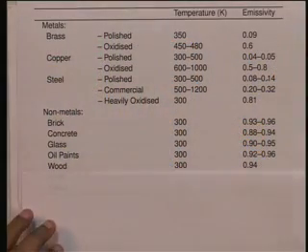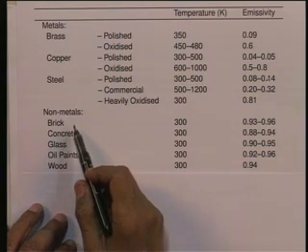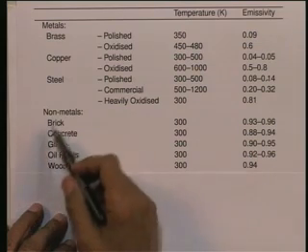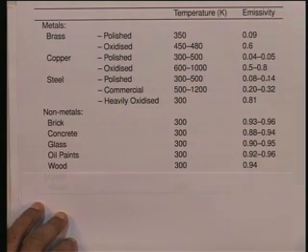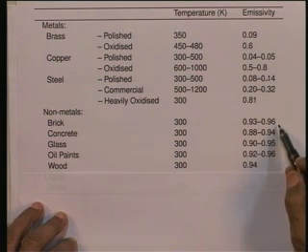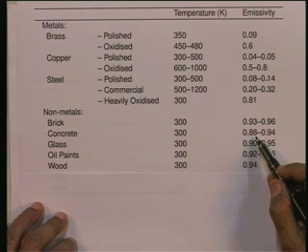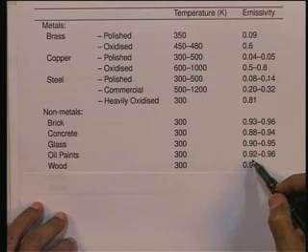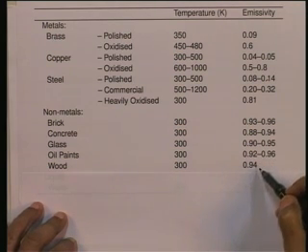Now, let us look at the next class: I have put down the emissivities of some non-metals. Here are some emissivities of non-metals: brick, concrete, glass, oil paints, wood, a variety of non-metallic surfaces. Brick 0.93 to 0.96, concrete 0.88 to 0.94, glass 0.90 to 0.95, oil paints 0.92 to 0.96, wood 0.94.